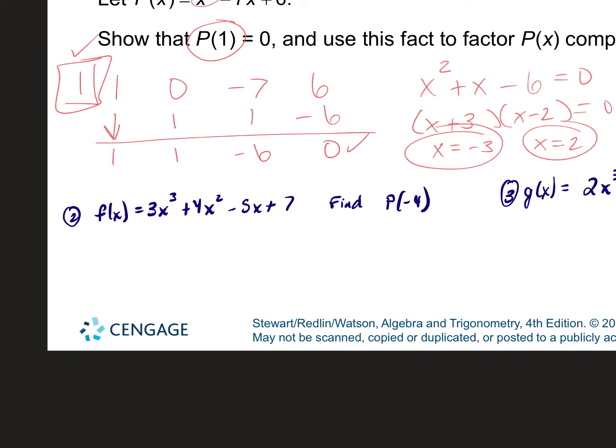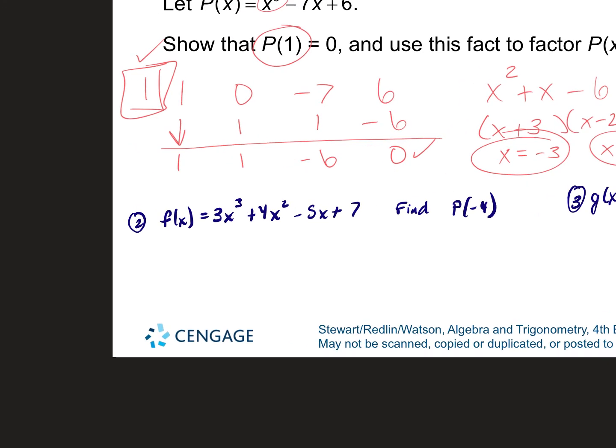Say the directions say use the remainder theorem. What does that mean? Use the remainder theorem. What do I care about? Just the remainder. So they're telling me to use negative 4 in my synthetic division. So let's write out our coefficients. We have 3, 4, negative 5, and 7. Am I missing anything? Okay. Everything's accounted for. So bring down that 3. What's 3 times negative 4?